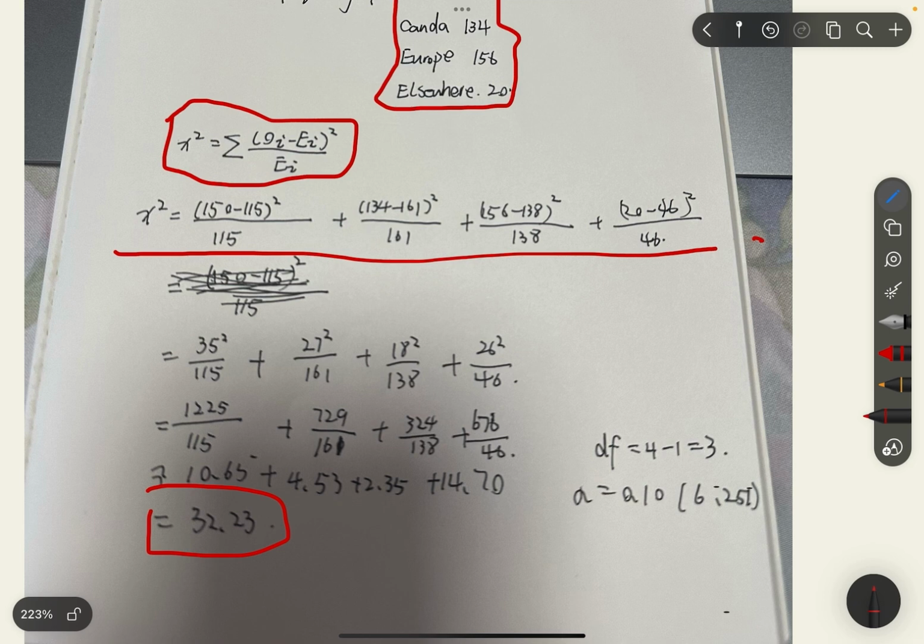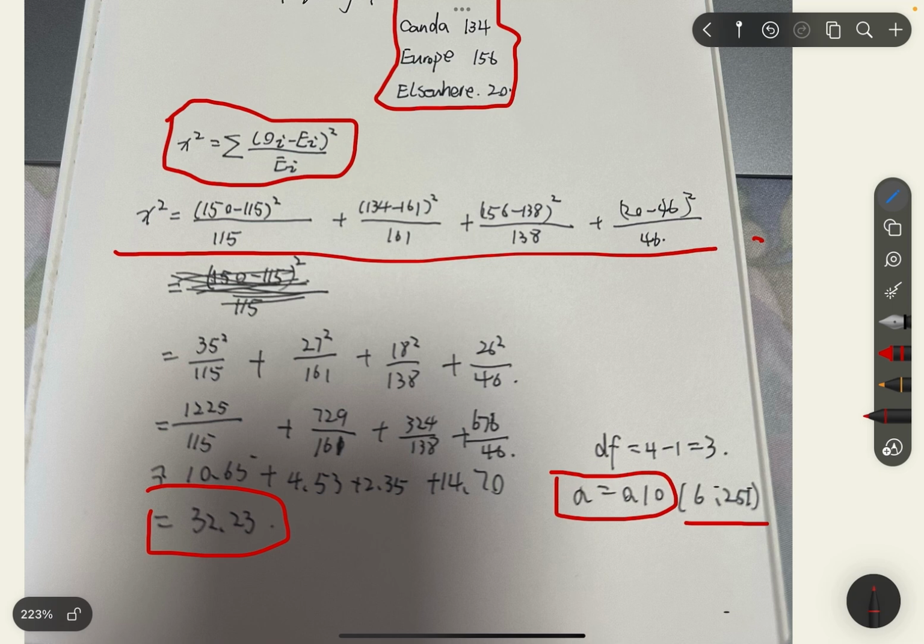Using the chi-square distribution table or calculator, I use the calculator, and at alpha equal to 0.1 the critical value for 3 degrees of freedom is approximately 6.251.